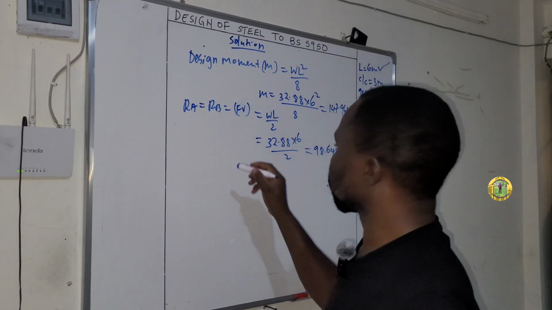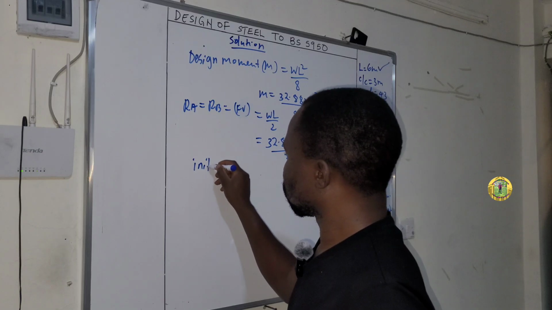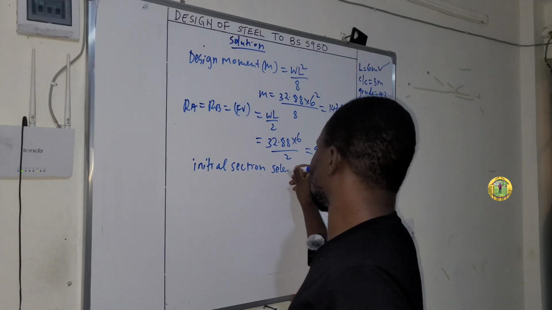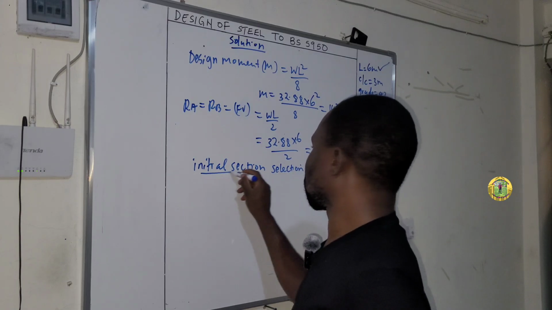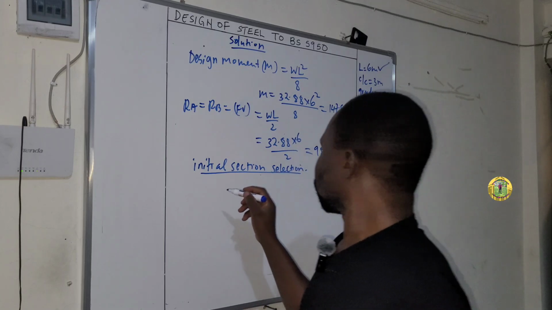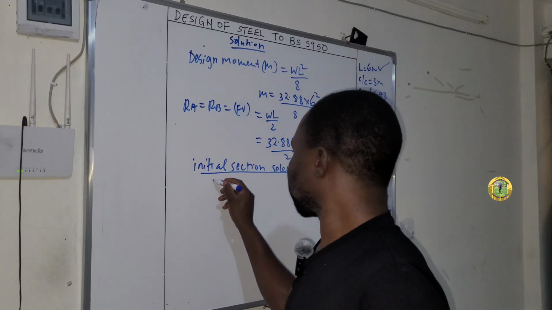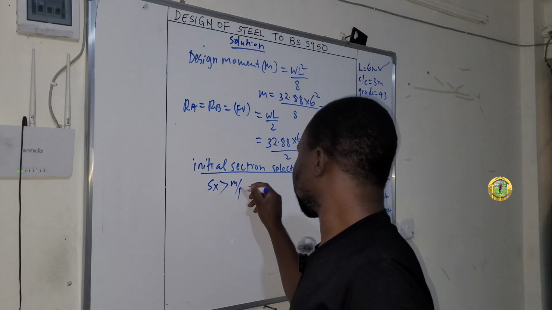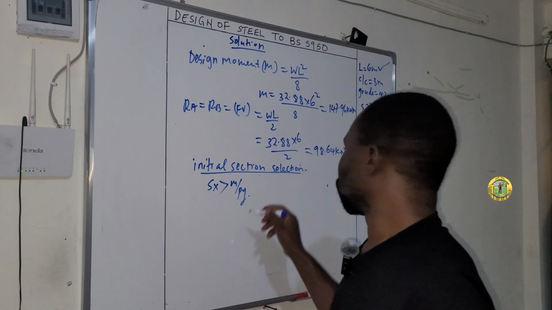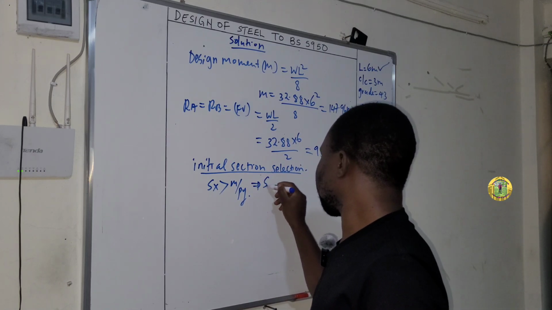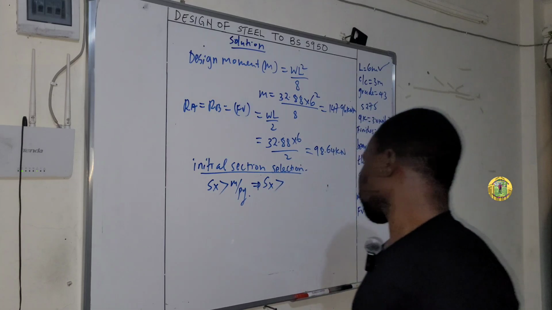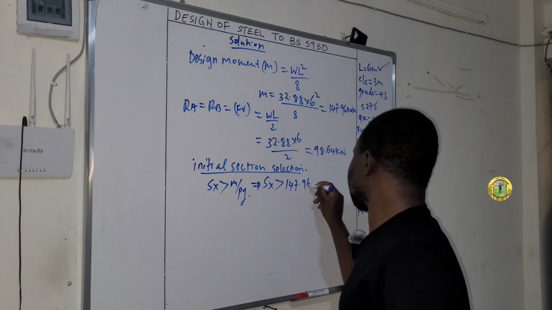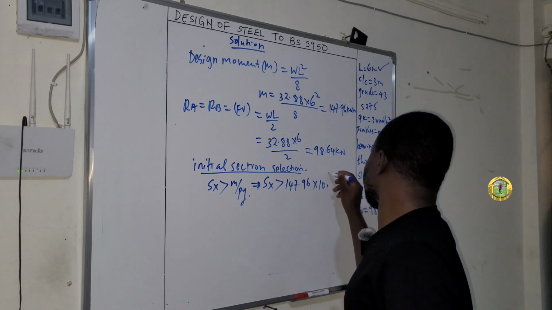So for initial section selection, the plastic modulus must be greater than M over Py, which implies plastic modulus must be greater than M, which is 147.96 times 10 raised to power 6.